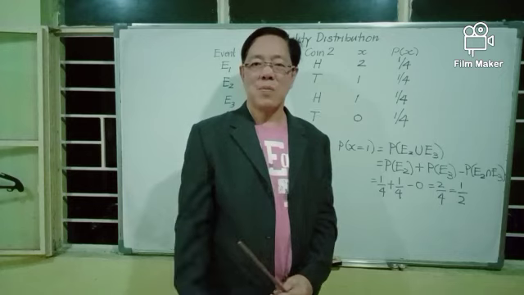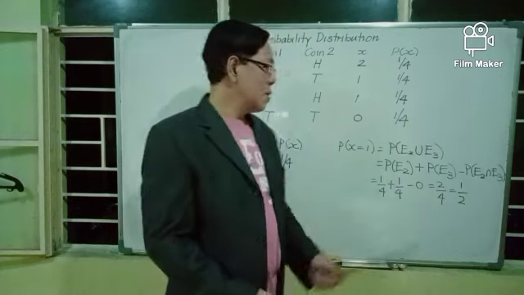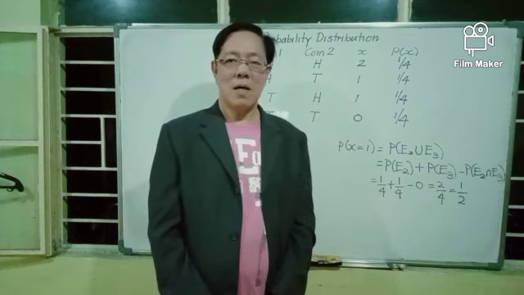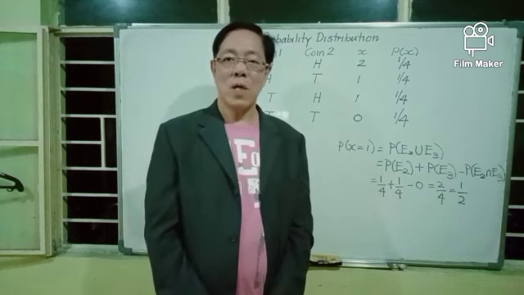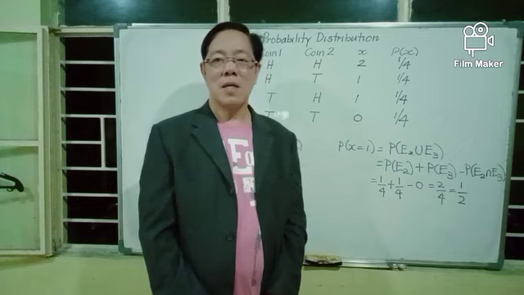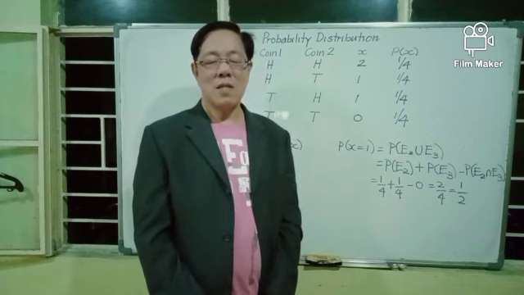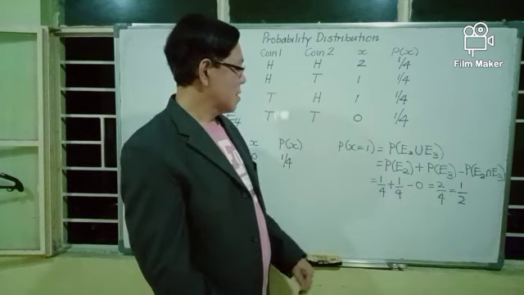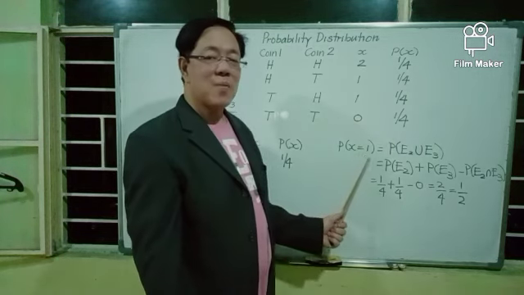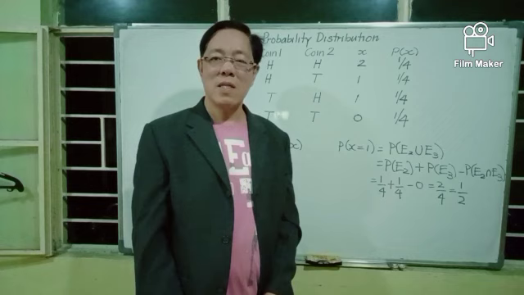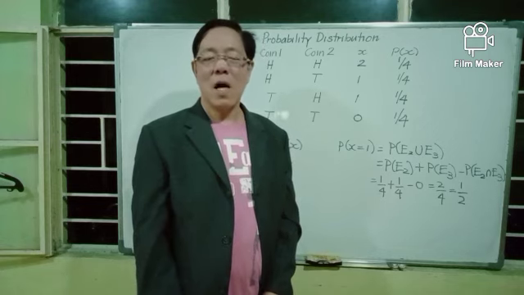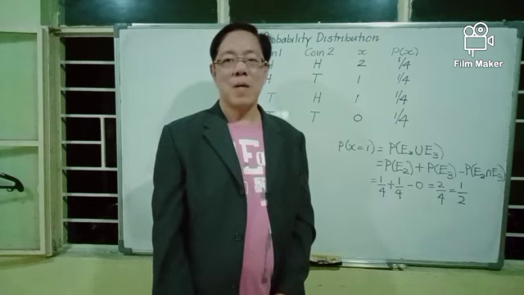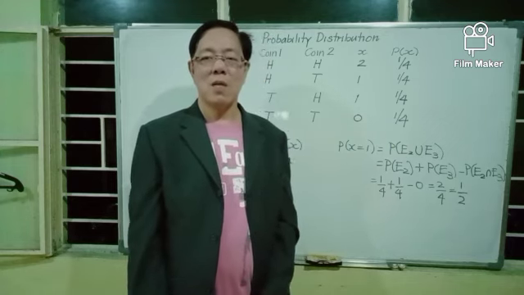It is not possible that you will get one head in the first coin and one head in the second coin, and you still have one tail. Which means that the event of getting one head can only occur either in event E2 or event E3, but not in both.